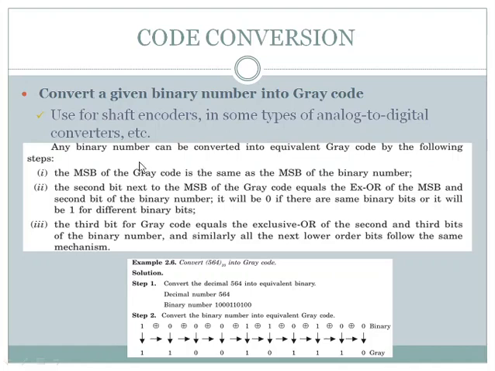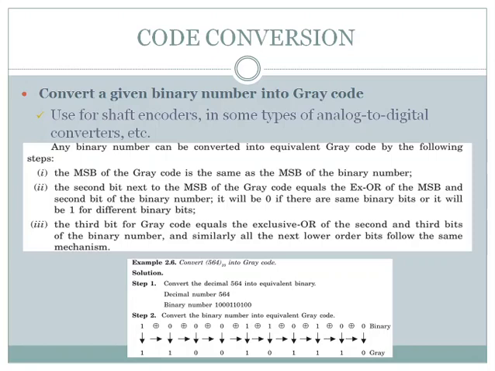We'll start converting a given binary number into gray code starting from the MSB, and we'll write the gray code from the MSB bit to the LSB bit.